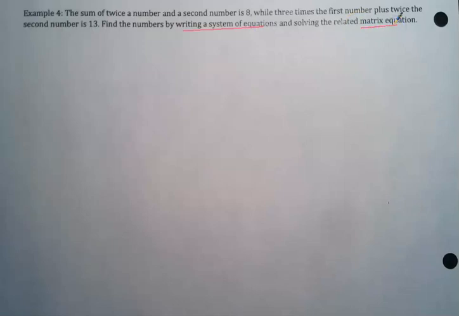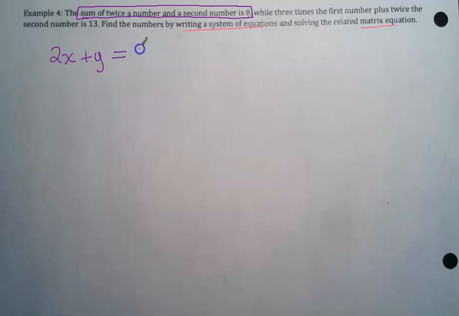So first of all, we've got to write the system. The sum of twice a number and a second number is 8. This is the first one. Sum is addition, so we're going to have 2x plus y equals 8. Now we have to use the same variables, or it's not going to make sense.